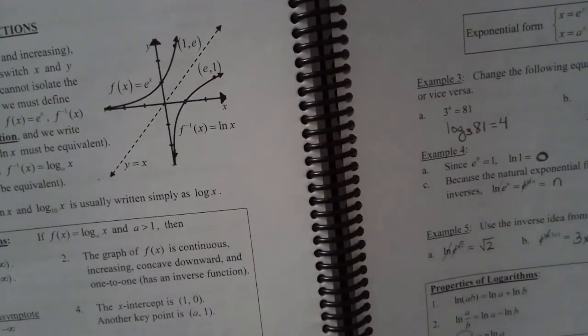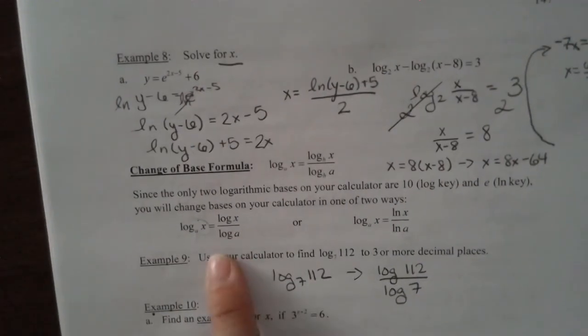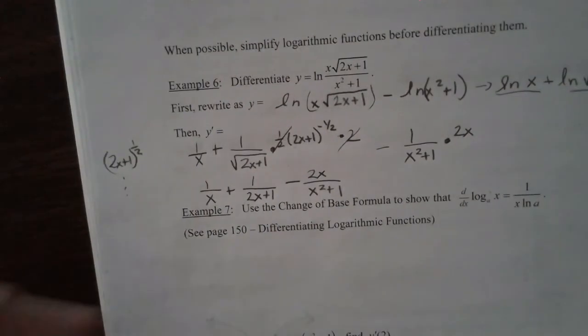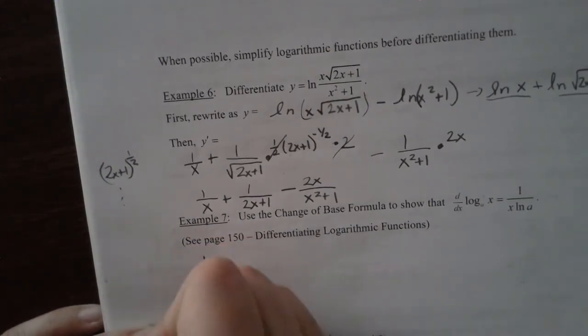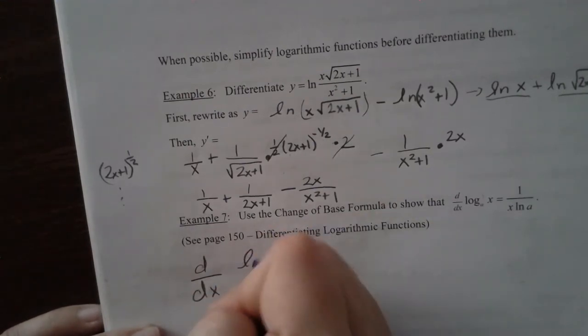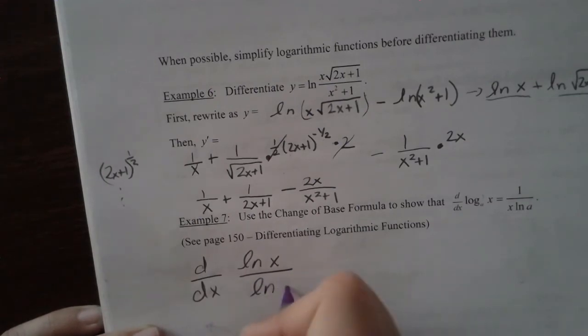Where's our change of base? Right here. When we said the change of base, you can also do it as ln's. So we're going to change this base as ln's. So what we're looking at is the derivative of ln x over ln a.